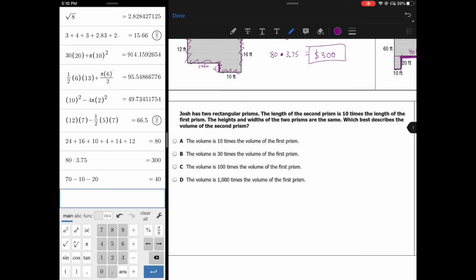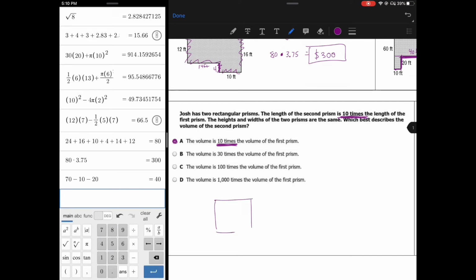So what I mean by this, if we look at this problem, it says that Josh has 2 rectangular prisms. The length of the second prism is 10 times the length of the first, but everything else is staying the same. What best describes the volume of the second prism? So if I'm multiplying by 10, just one side, my volume is also going to be multiplied by 10. And I'm going to quickly prove this.